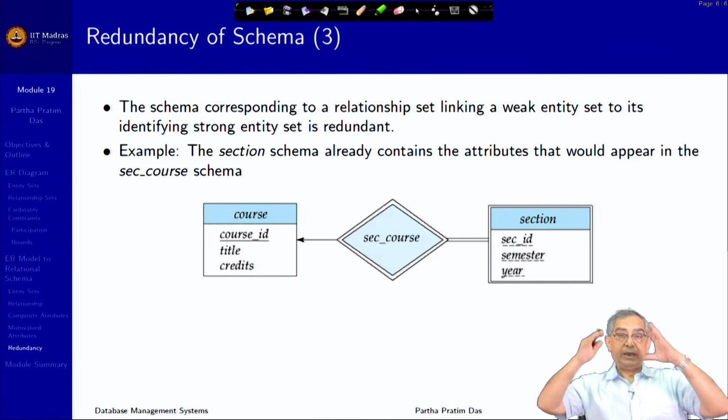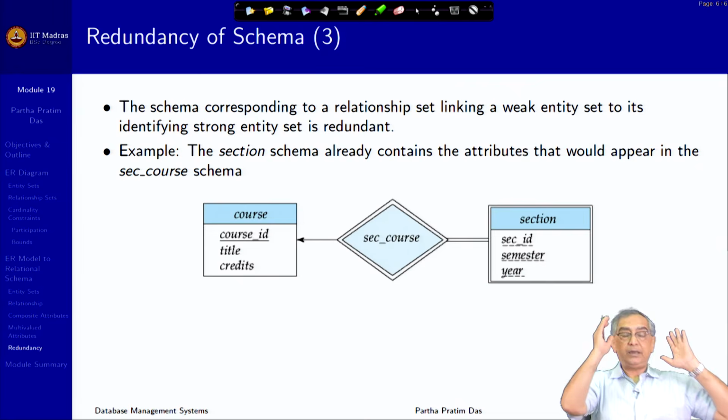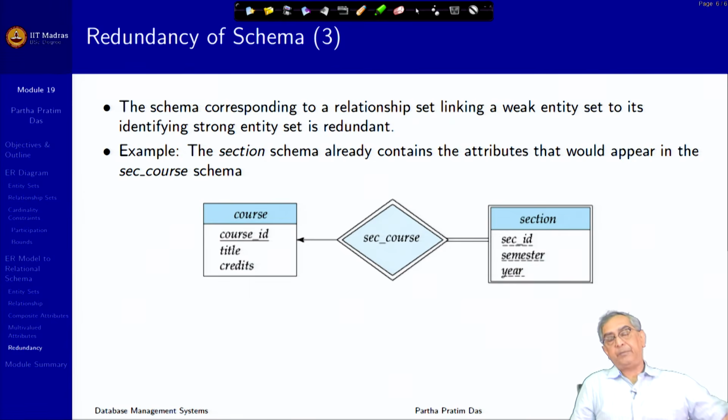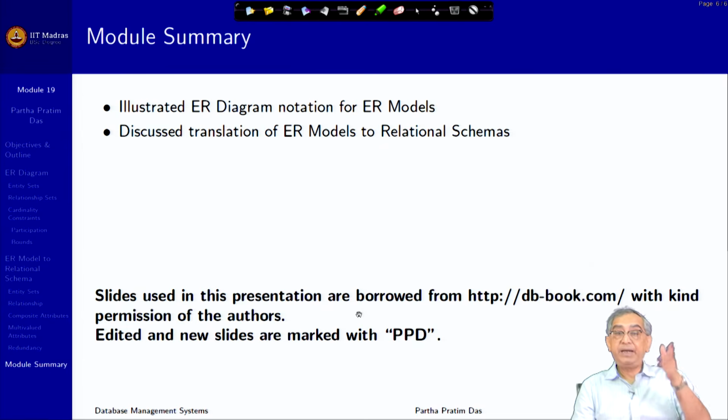Now, we are saying that weak entity sets have a discriminator, then the identifying relation, then the primary key of the strong entity set. After all these, I can just take the key of the strong entity set and put it in the weak entity set to make it a strong one and get rid of the identifying relationship.